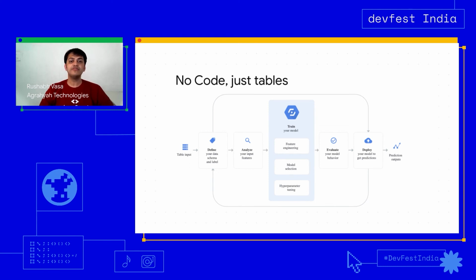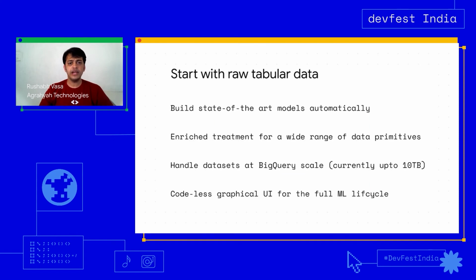So AutoML Tables enables you to automatically build and deploy state-of-the-art machine learning models on structured data, faster than you could do it by hand. It automates modeling of a wide range of data types, from numbers and classes to strings, timestamps, lists, and nested fields as well. What's interesting about AutoML is that you can do all this without any coding work.